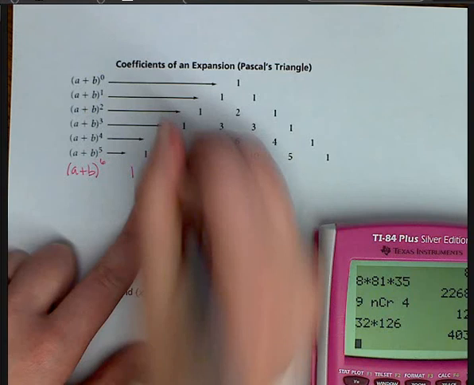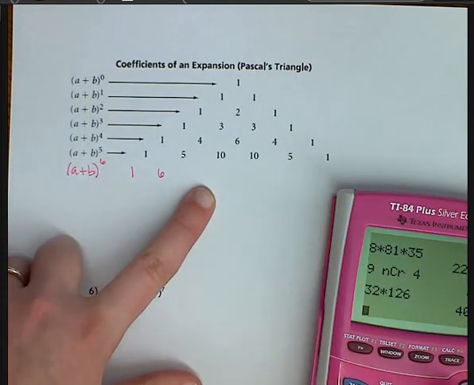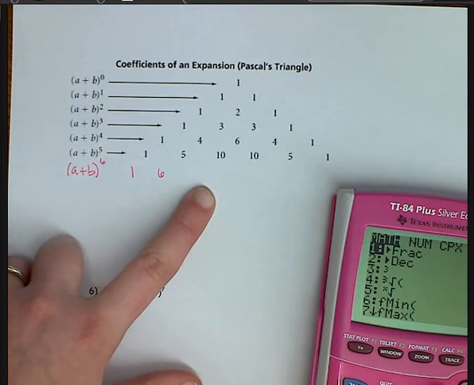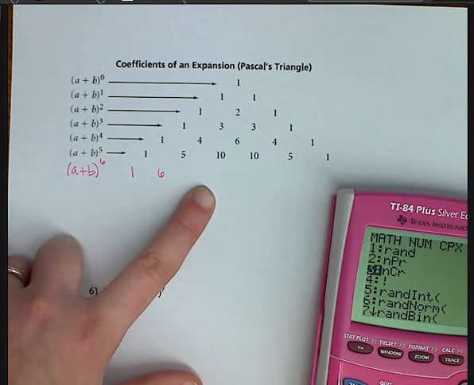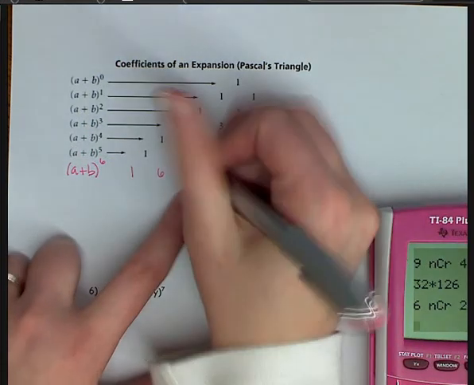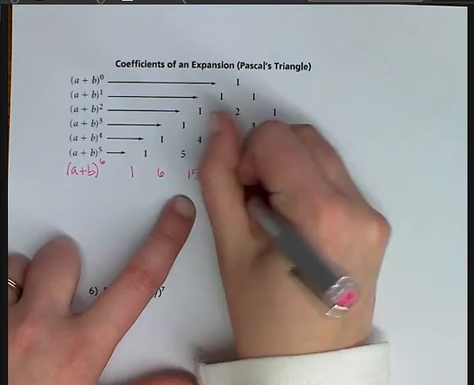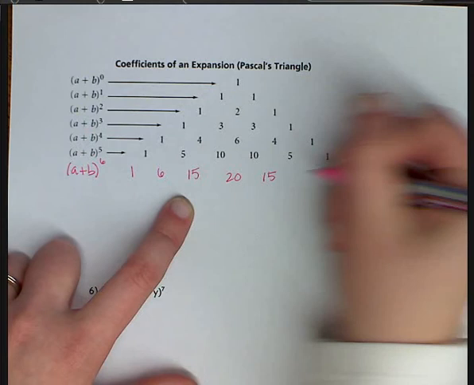To get the 7th, we can plug this into our calculator and take 6 choose 2, and we get 15. Okay? If we take 6 choose 3, we'd get 20, 15, 6, and 1.